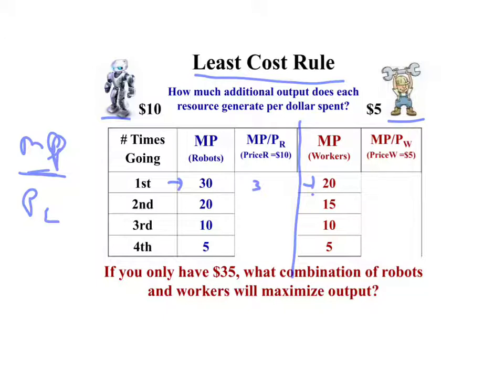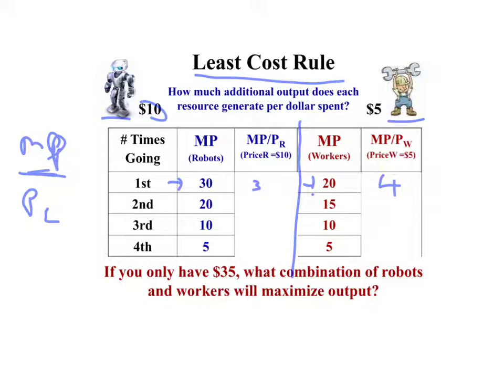Each robot is pumping out 3 pairs of jeans for every dollar that the firm is paying of this $10 cost. On the other hand, the very first worker is actually pumping out 4 pairs of jeans per dollar because their wages are cheaper than the robot. So even though the resource is less productive, it's actually pumping out more per dollar.